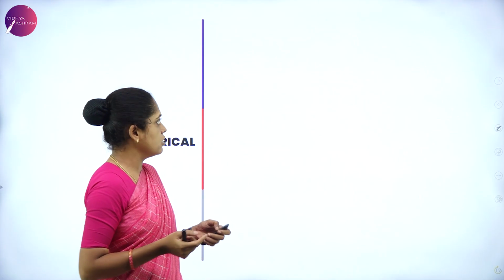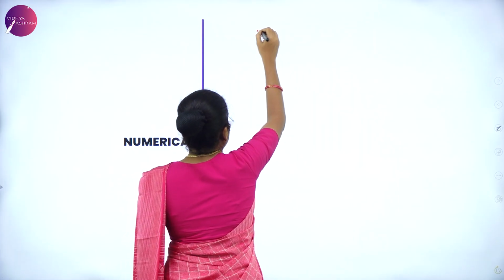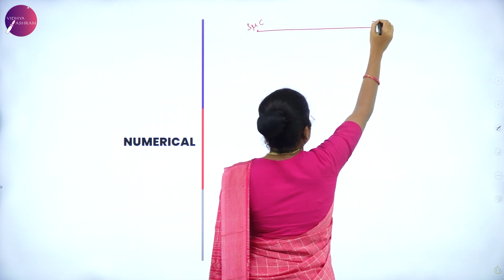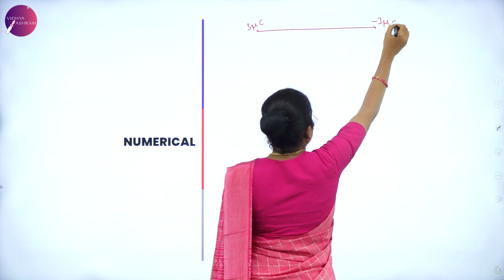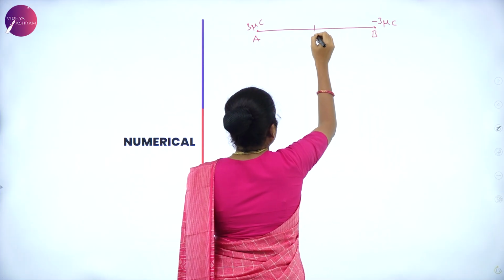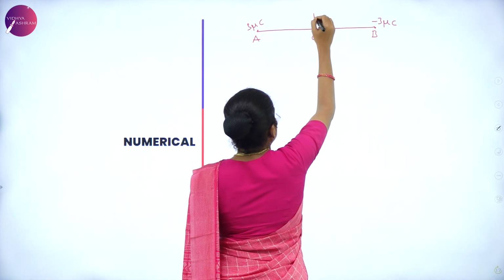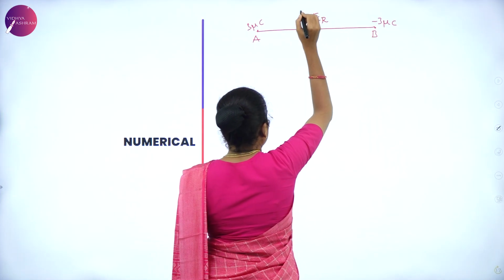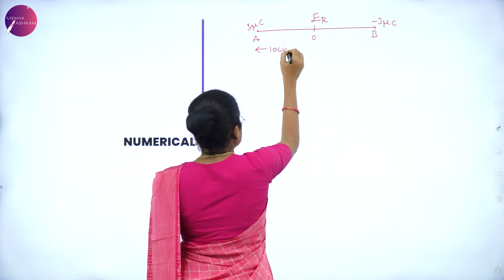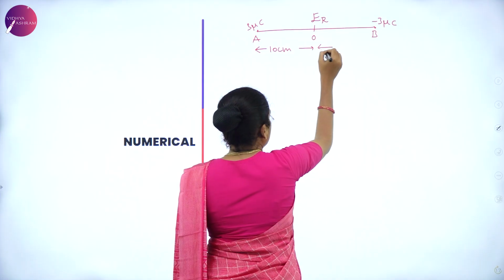Let us find that. So consider again the charges. One is 3 microcoulomb. Another one is -3 microcoulomb, which are at point A and point B. At the midpoint, I need to find the resultant electric field. And these charges are at distance 10 centimeter from the midpoint.